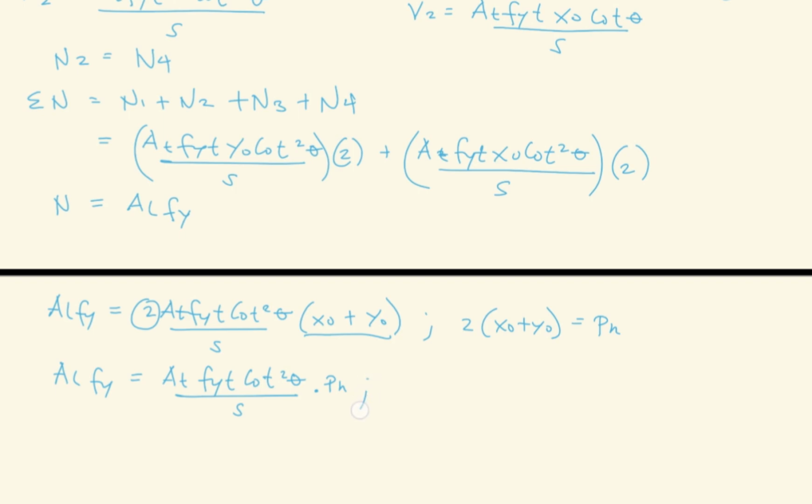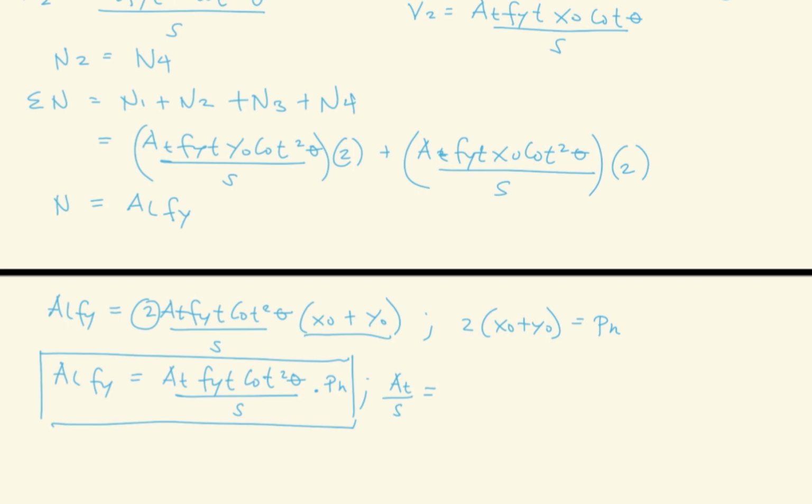Now, solving for A sub t divided by s in this equation, the intention is to substitute At over s to the equation of the nominal torsion as previously determined.